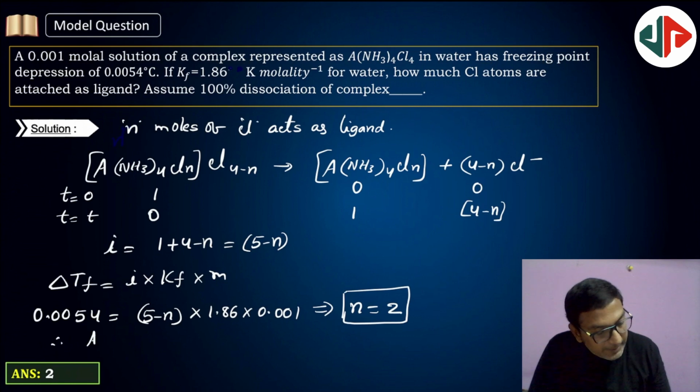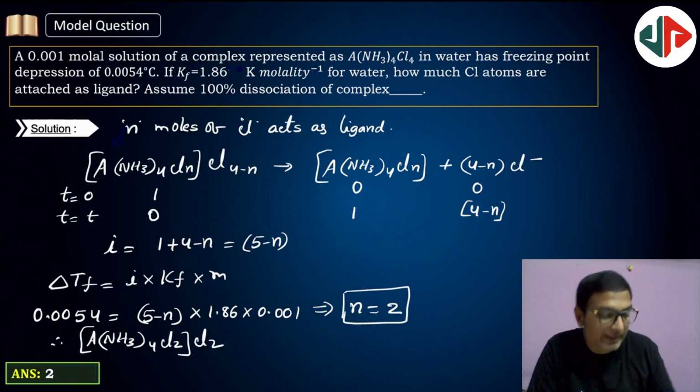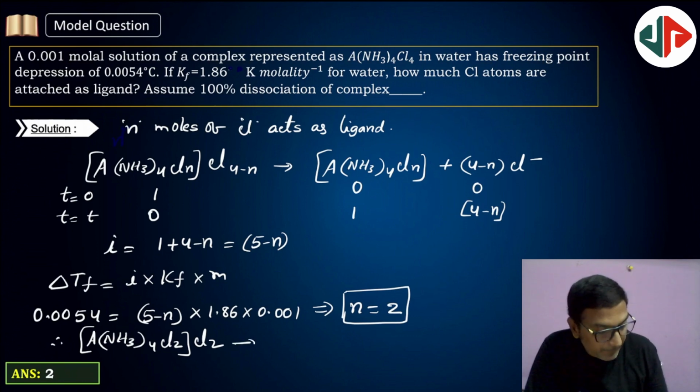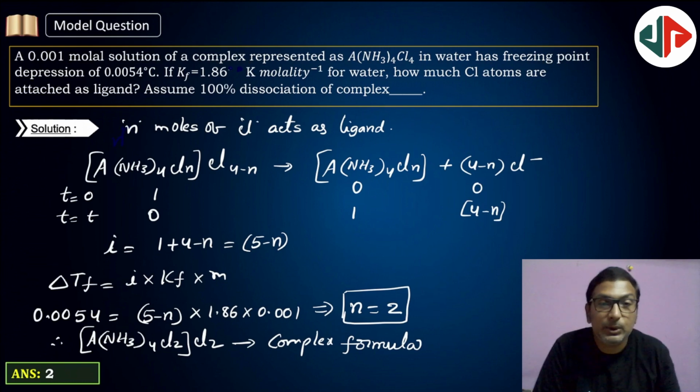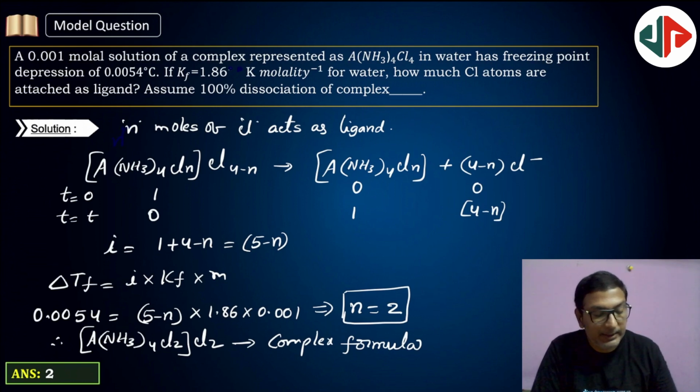Therefore the formula is A[(NH3)4Cl2]Cl2, with 2 Cls outside. This is the formula of the complex. So 2 Cls are acting as ligands and 2 Cls are outside of the complex. So very important.